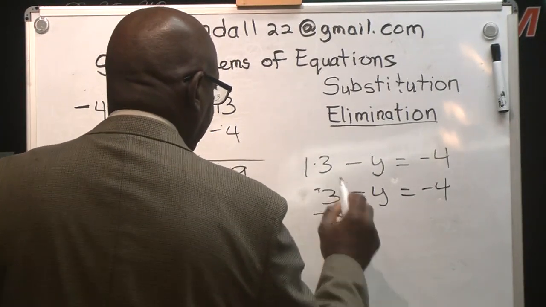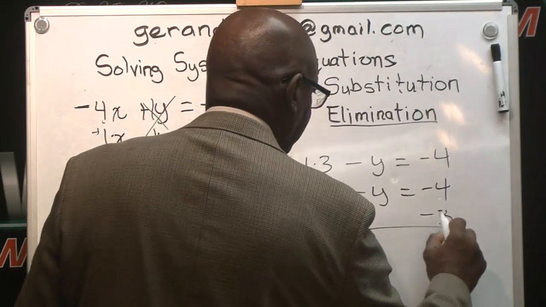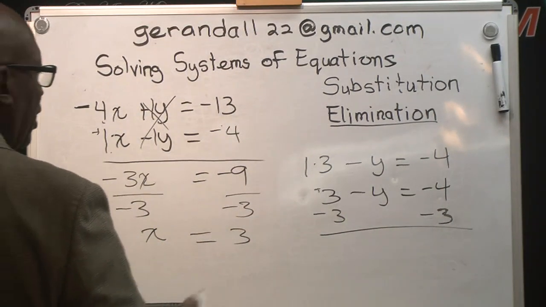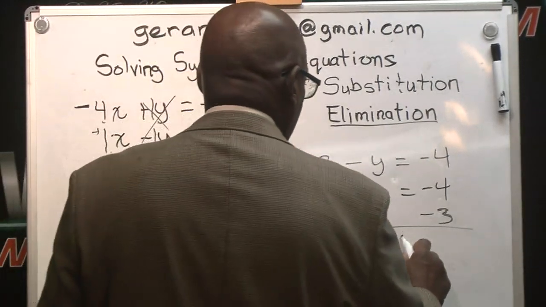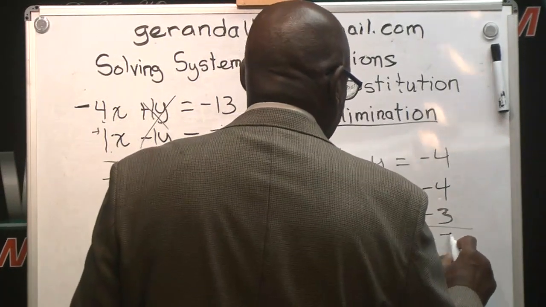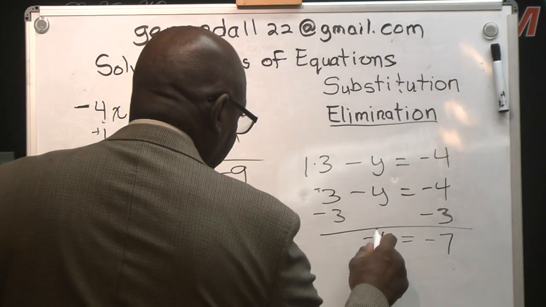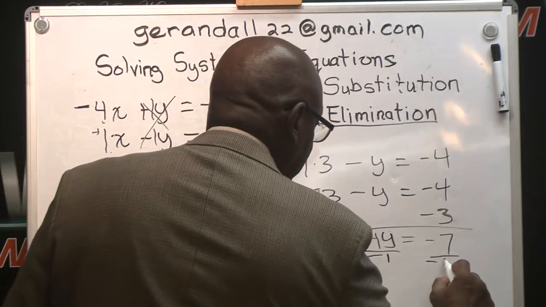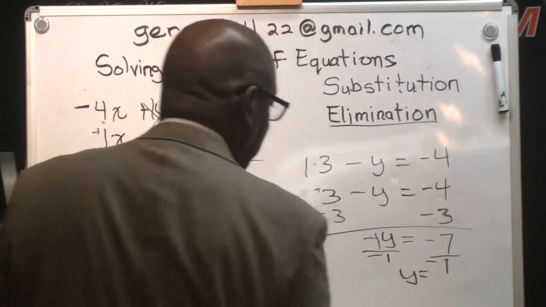Whatever we do to one side, we must do to the other. And that says minus y equals 1. However, this is a negative 1, so we have to divide by negative 1, and y equals minus 1.